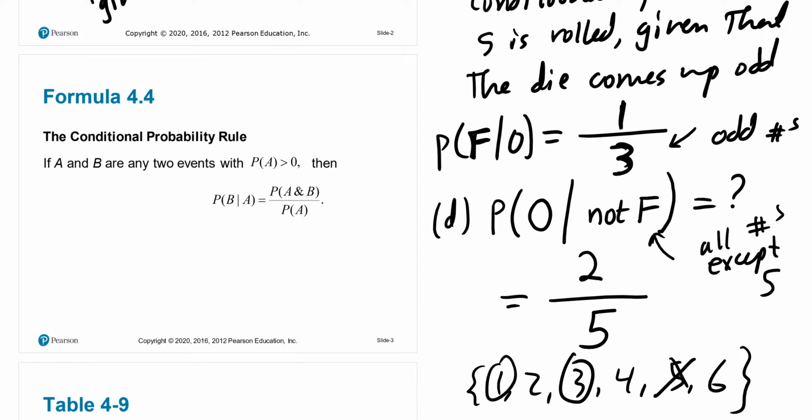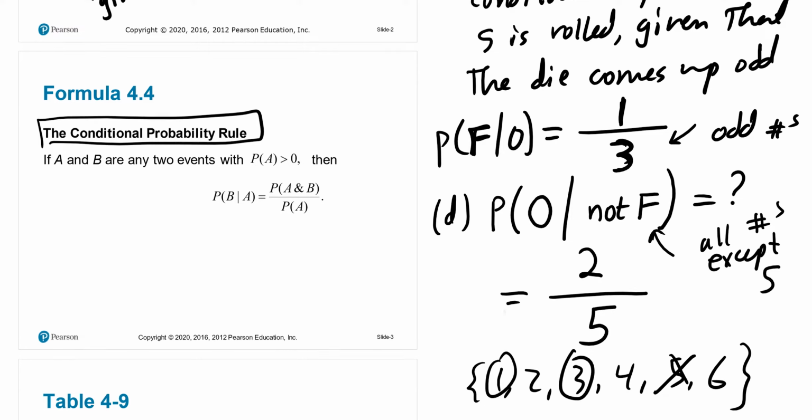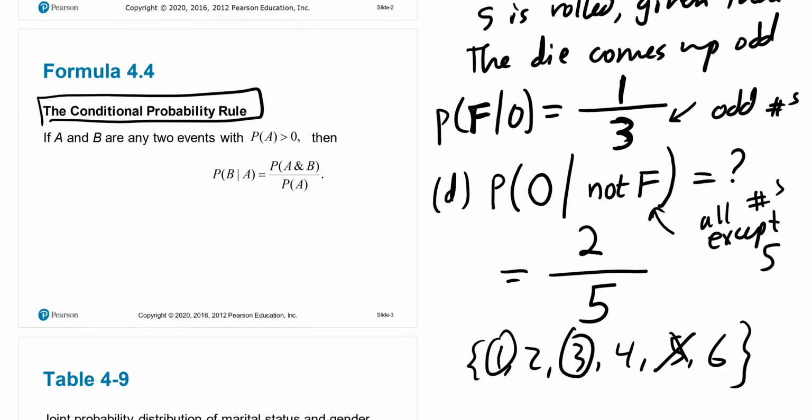To make this a little easier for you, we introduce the conditional probability rule. The probability of B given A is the probability of A and B divided by the probability of A. Make sure the denominator always matches the second event, not the B. You can also write this as N(A and B) divided by N(A). That tells you how many, instead of just dealing with probabilities.